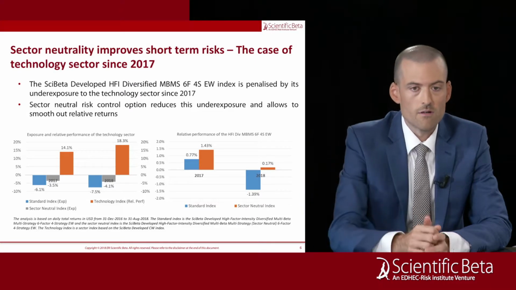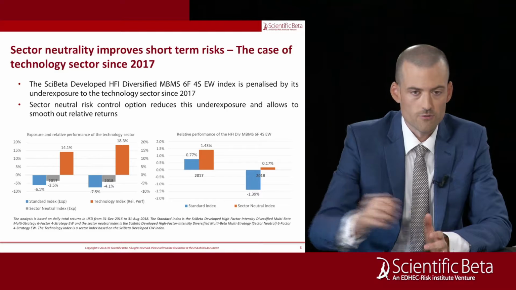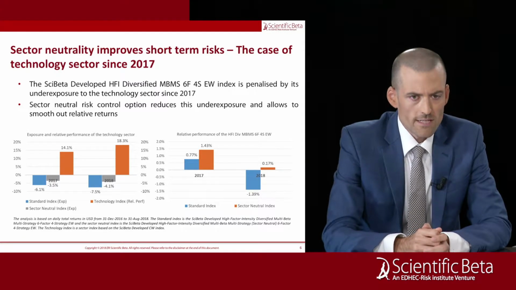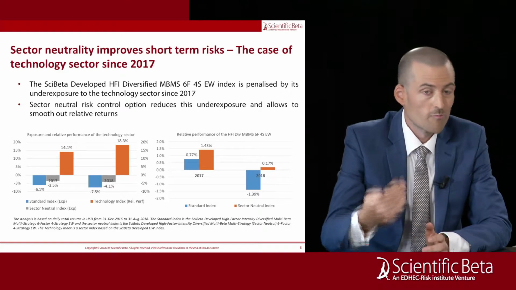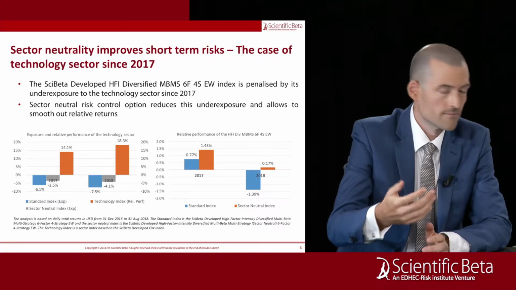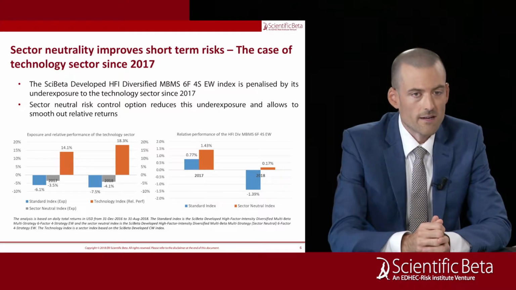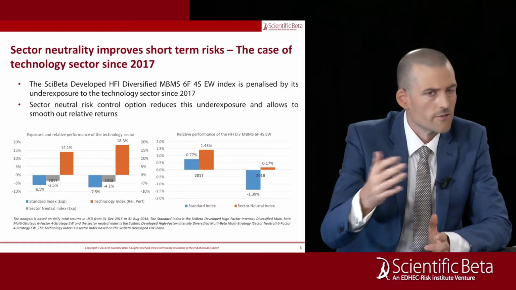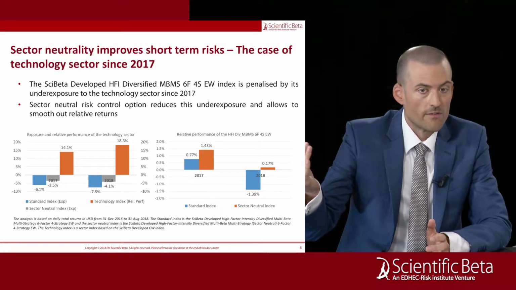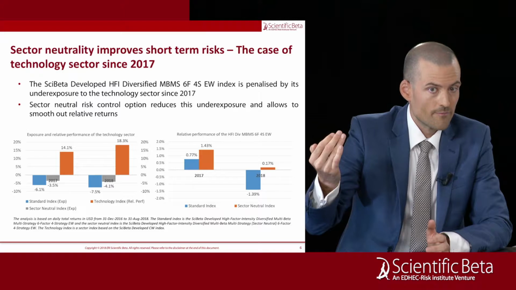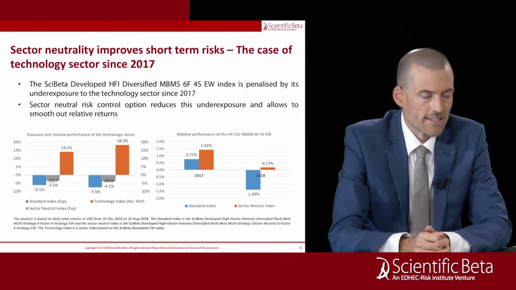So the direct impact on our smart factors is clear. We can show that in the right graph. We show that in 2017, the sector neutral version outperformed the standard index. And in 2018, with performance until the end of August, the sector neutral version is slightly positive, whereas the performance of the standard index is clearly negative.